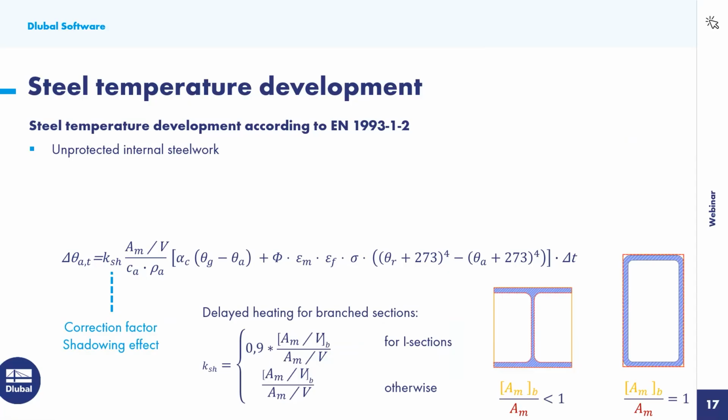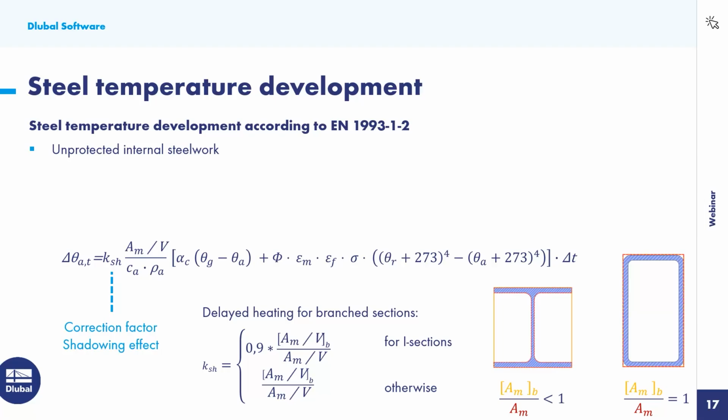Another factor that is influenced by the section choice is the correction factor for the shadowing effect. It is calculated from the profile factor for a fictitious box enclosing the cross-section, here shown in yellow for the I-section, divided by the actual profile factor calculated based on the parameter of the section in red.